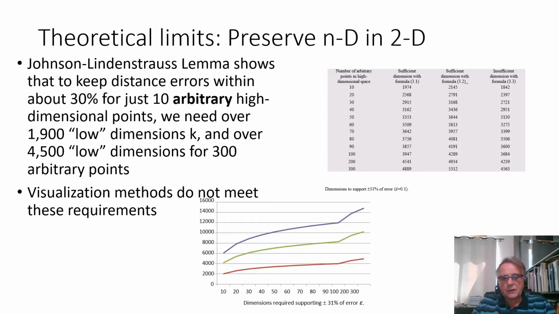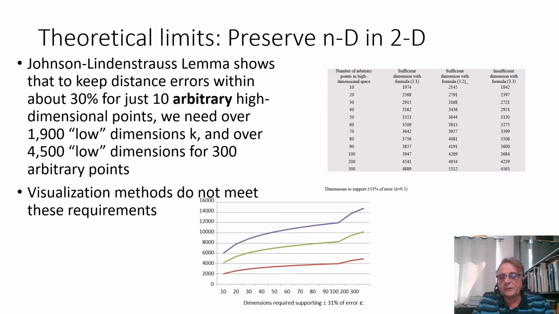Johnson-Lindenstrauss lemma shows that to keep distance errors within about 30% for just 10 arbitrary high-dimensional points, we need over 1900 so-called low dimensions and over 4500 low dimensions for 300 arbitrary points. The table on the right shows the tabulation of this data for different numbers of arbitrary points and spaces.